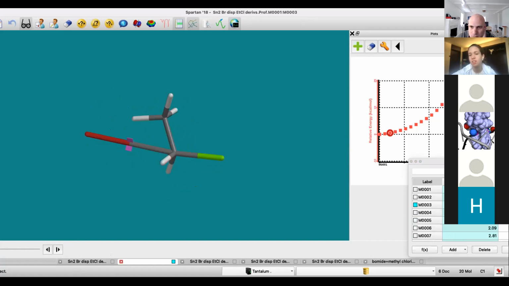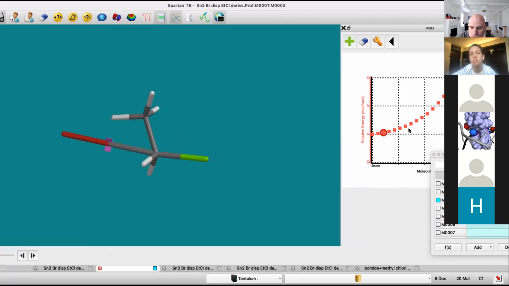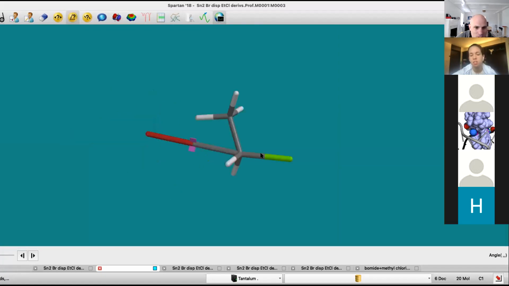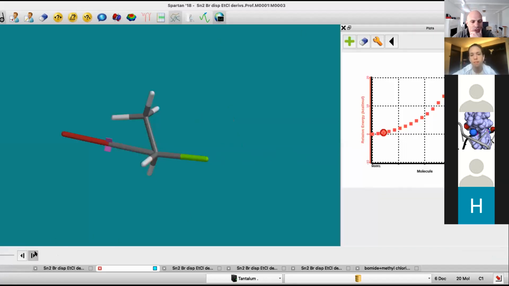So if I measure that bond angle, sorry, I got too many windows here. If I measure that bond angle, you're about 174 degrees, so almost 180, okay? And we're going to continue along that trajectory.